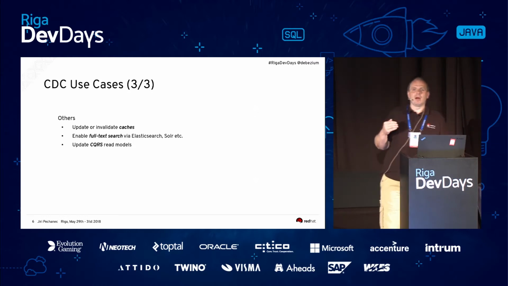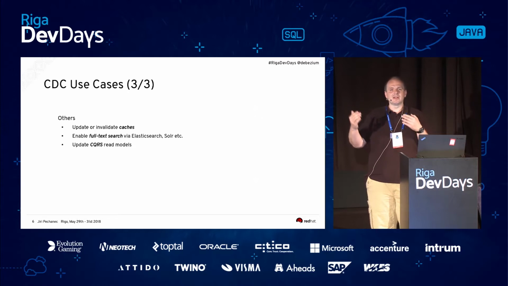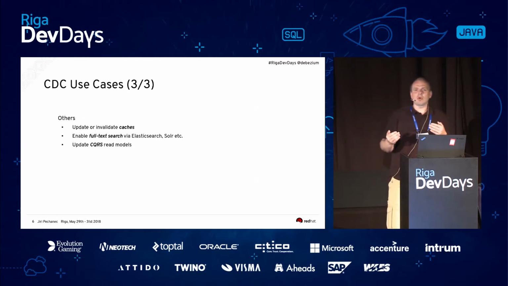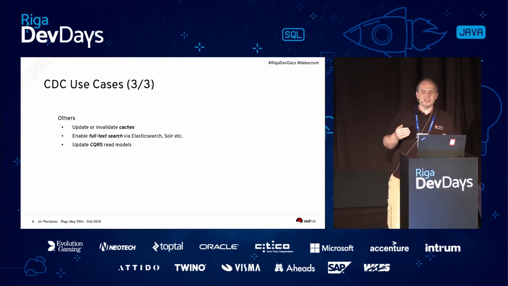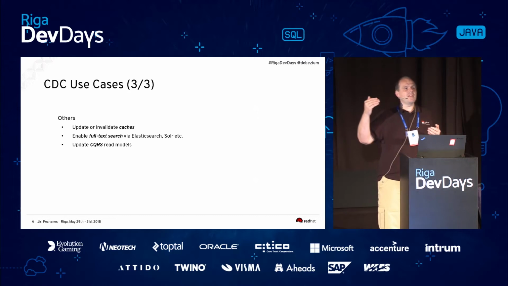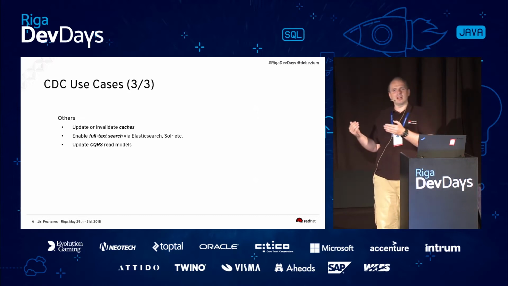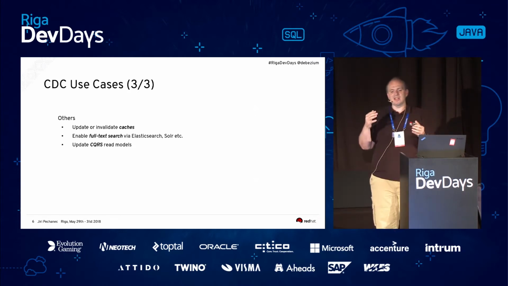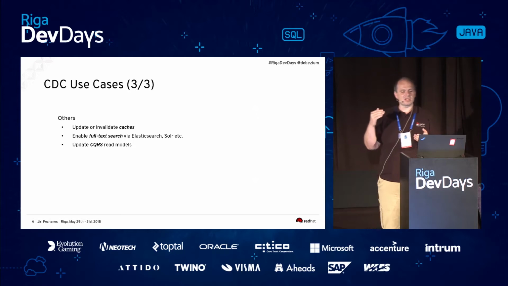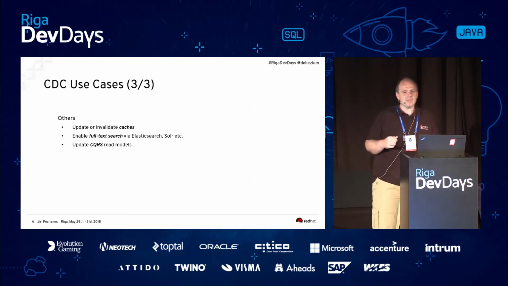The problem with caches is that we need to update or invalidate them according to the changes in the database. So, using change data capture stream, we can ensure that the changes are immediately propagated to the cache, and the cache is kept in sync with the database or data store behind.